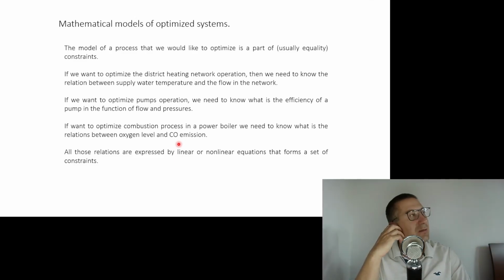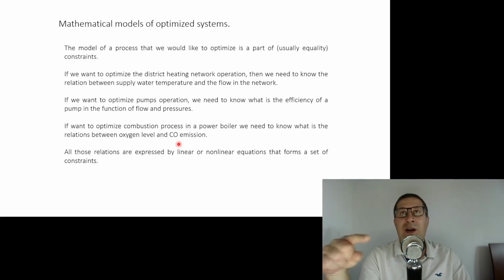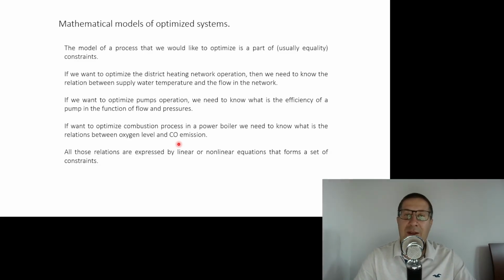If I have to find the proper pressure parameter, but the temperature cannot be higher than some limit, I need to find a link between my decision variable and this constraint. I have to make a digital twin, a model of a system that covers this relation. It can be a thermodynamic equation, it can be identified based on data, or it can be a mix of those two approaches.